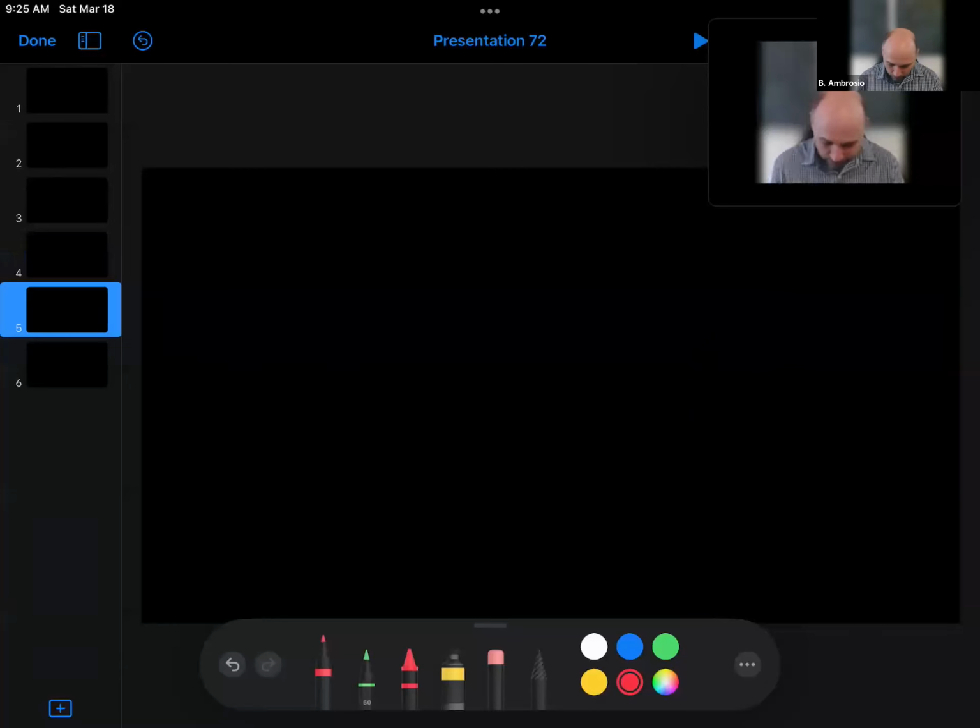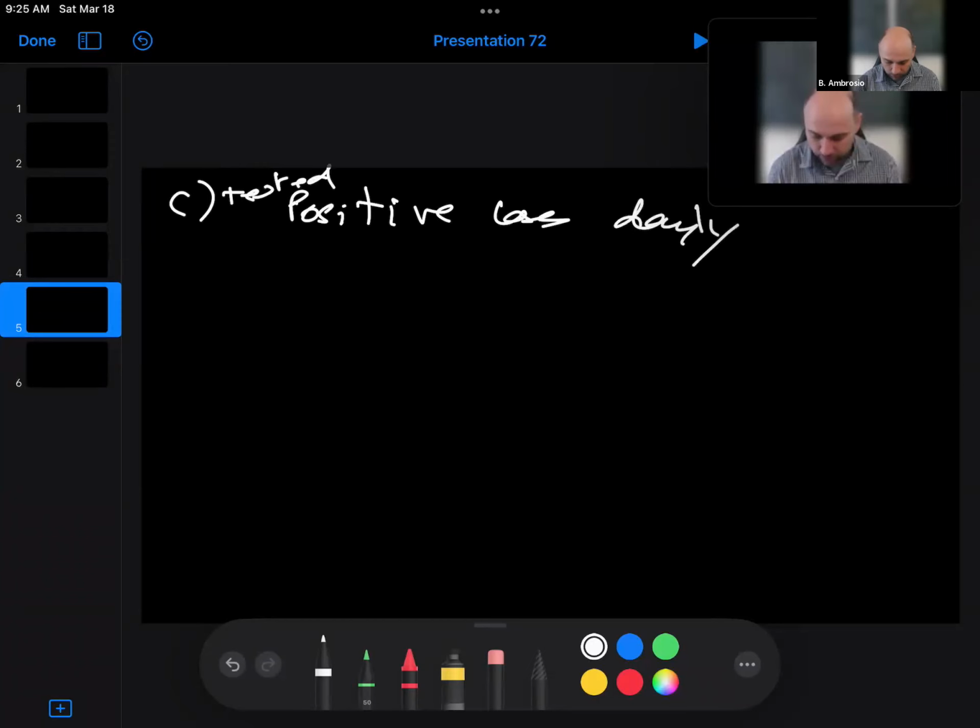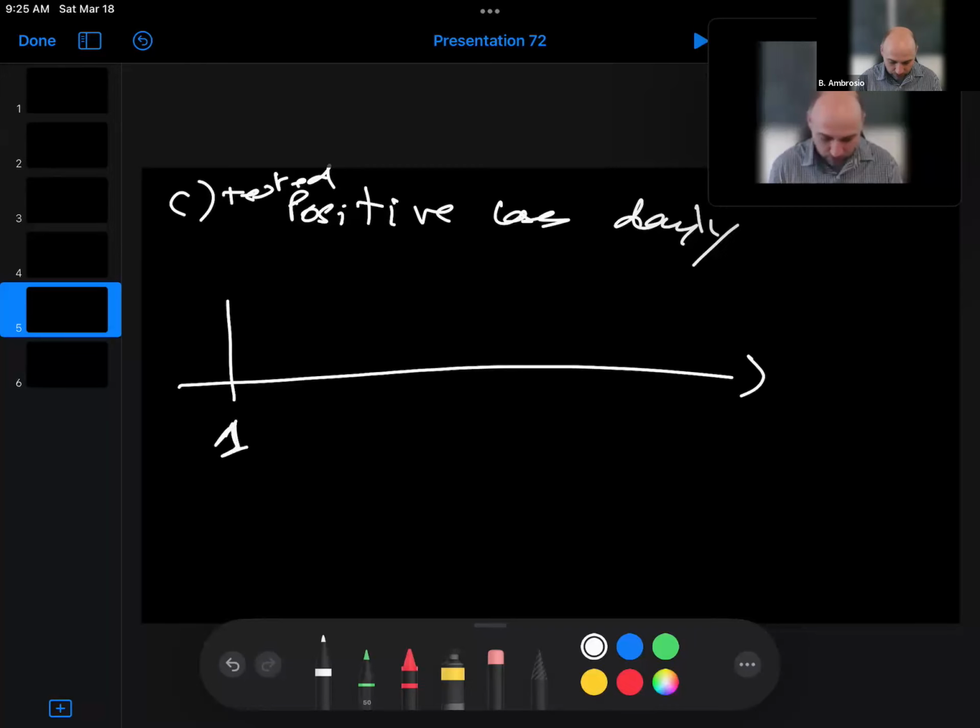Let's give more examples. For example, I just take an example that we all heard about in recent years: the number of positive cases tested daily. This is a function. So let's say the first day we found the first case of COVID-19.